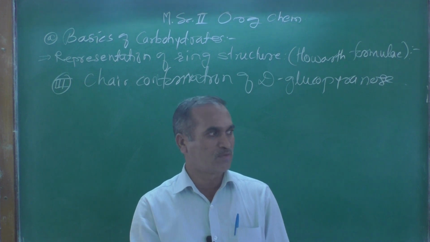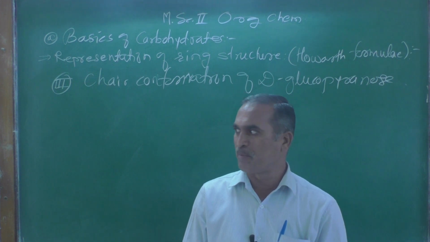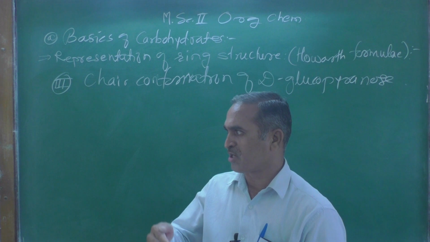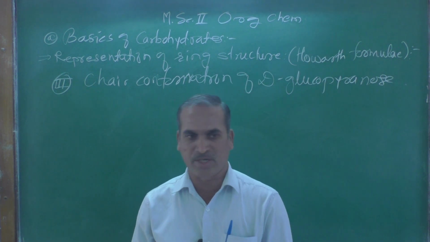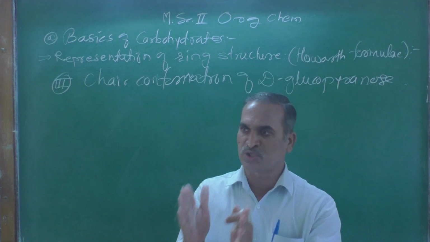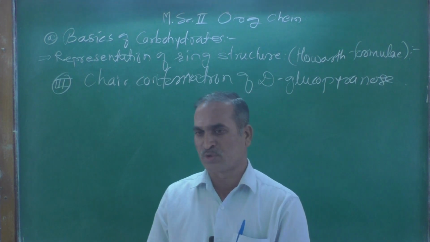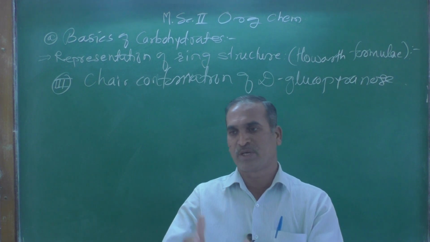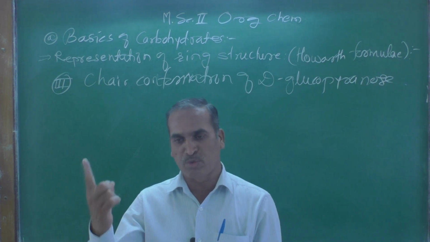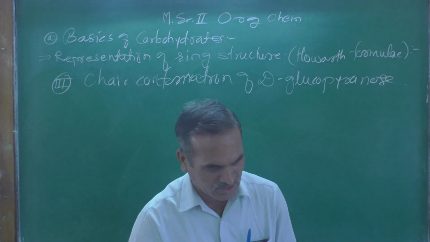That process is known as flipping. It means that at equilibrium at room temperature, one chair conformation is converted into another chair conformation. That process is known as the flipping process. During that process, axial bonds become equatorial and equatorial bonds become axial.